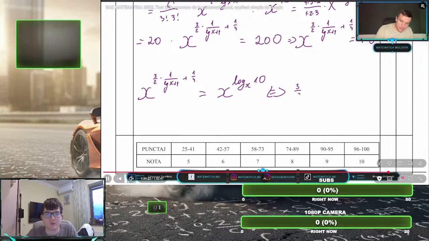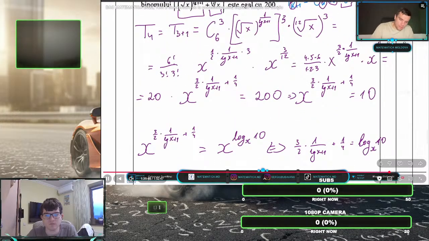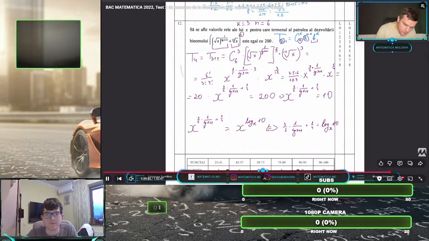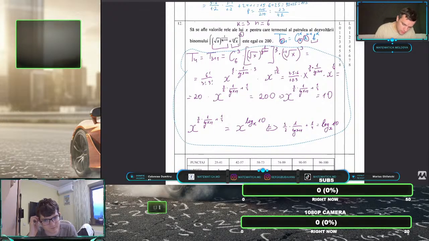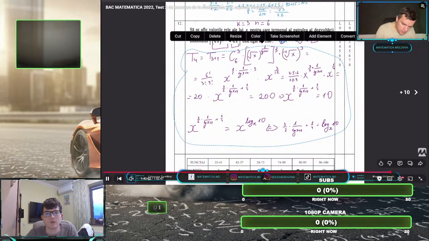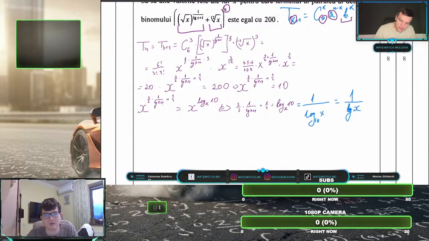Now put an equal between the powers and essentially move on from there. Equal between the powers. You've got this, you've got that, log x and stuff like that.